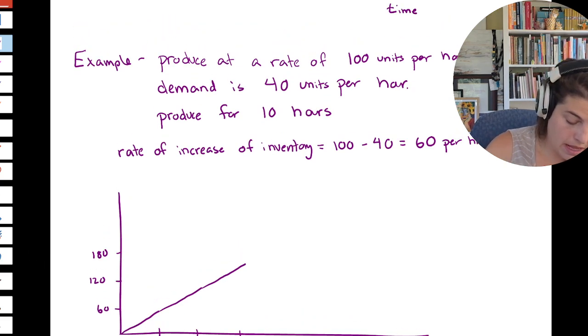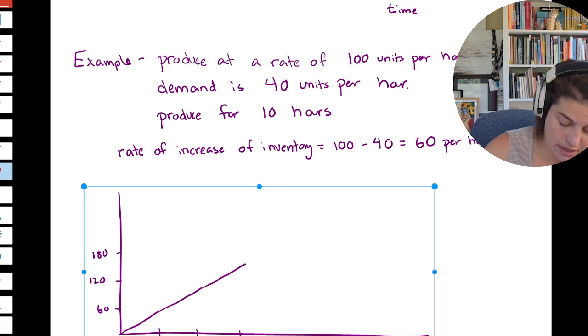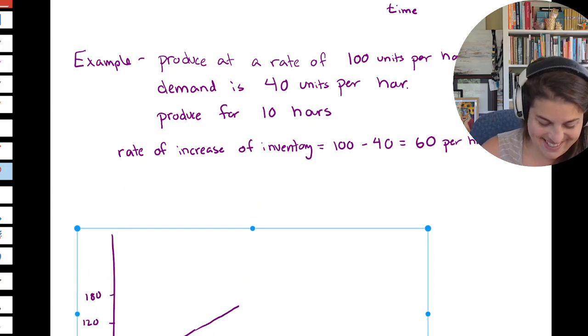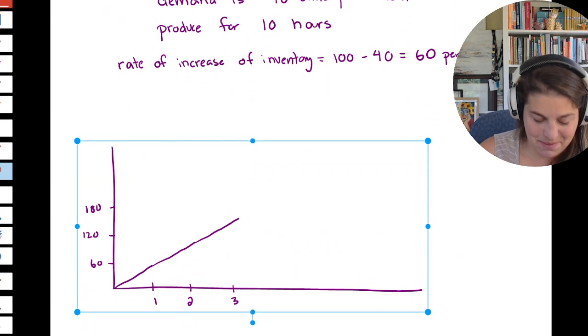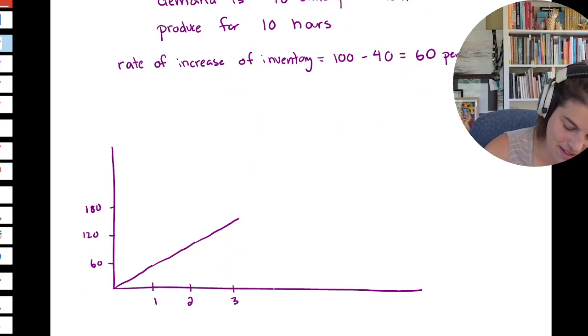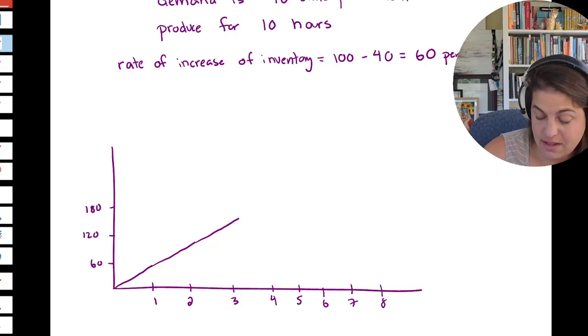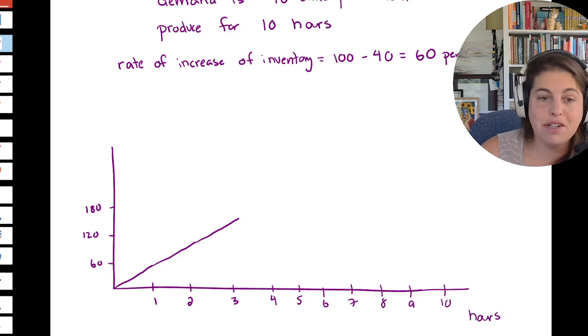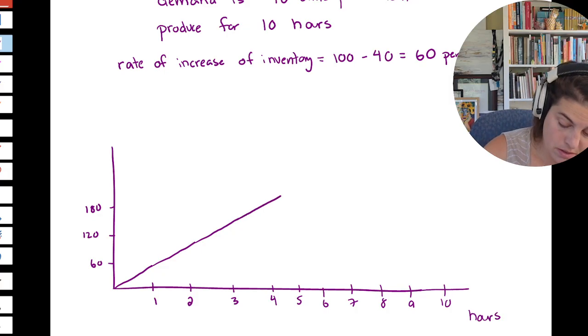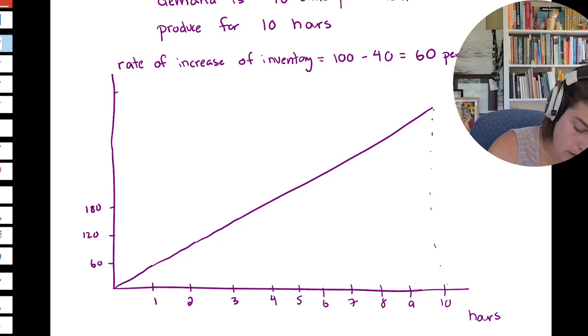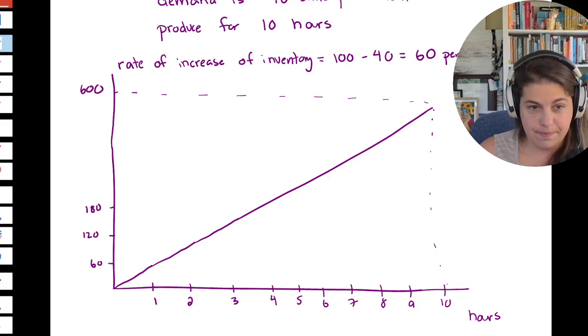This is not to scale, but thankfully I have the magic of a whiteboard where I can keep going up. So after 10 hours, though, what we know is that our inventory would be at 600 units, right?